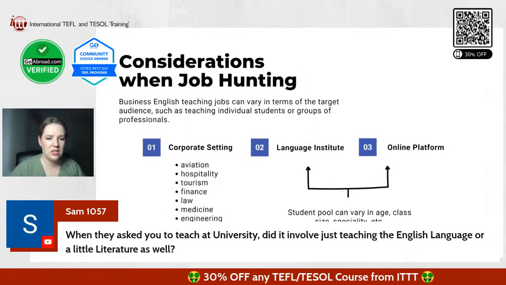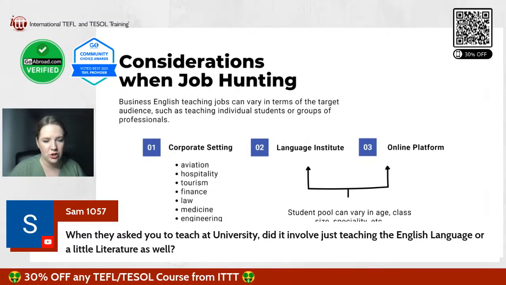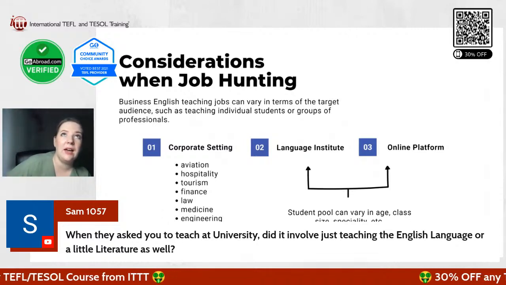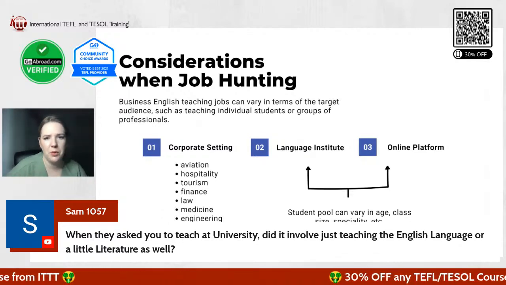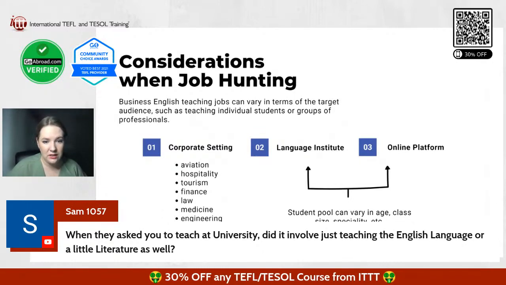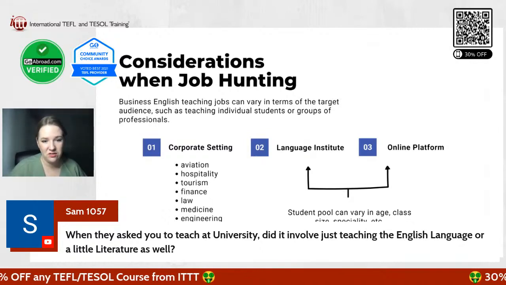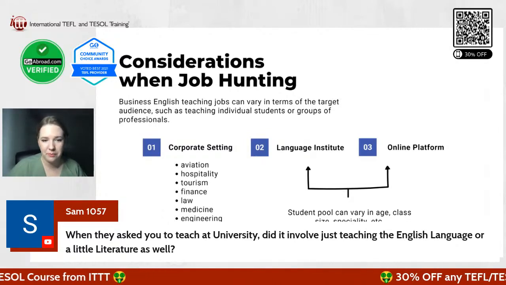So yeah. Then Sam says, when they asked you to teach at university, did it involve just teaching the English language or a little literature as well? This was, I think, an English communications class or English conversations. And actually one of my friends, she is teaching at that university in, I think, the same position that they offered me. I'm not sure.